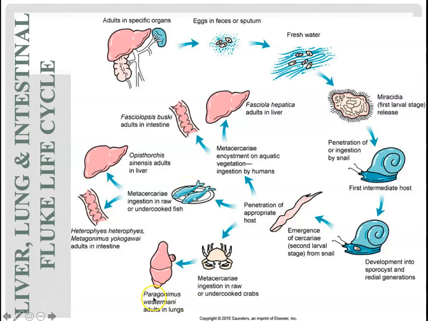And the way we get Paragonimus westermani is by ingesting metacercaria inside raw or undercooked crabs or crawfish. And then remember, what's not being pictured is the way we get the blood flukes is by skin penetration of the cercaria.